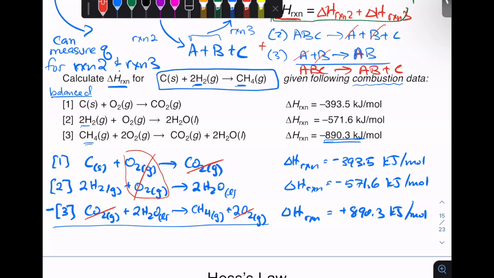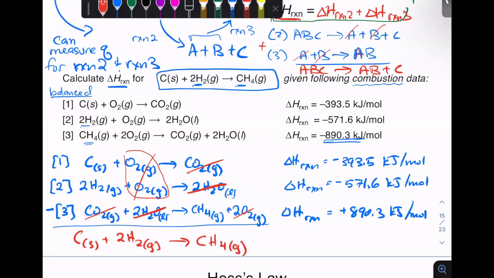What else can we cancel out? H2O, yes, thank you. 2 H2O here and 2 H2O there. So that leaves us then with, hopefully, what we're trying to describe. Carbon, solid, 1 mole, plus 2 moles of H2 gas combines now to give us 1 mole of CH4 gas.